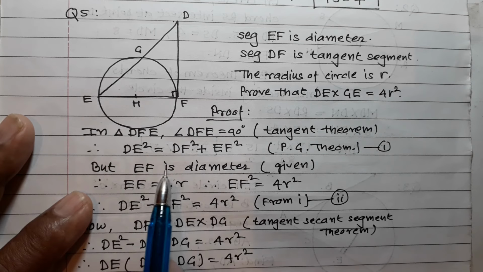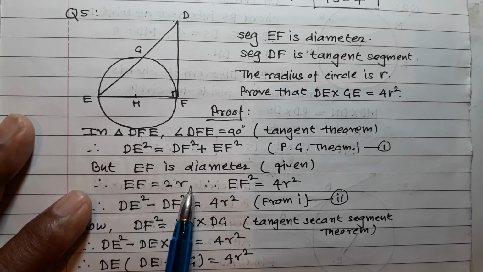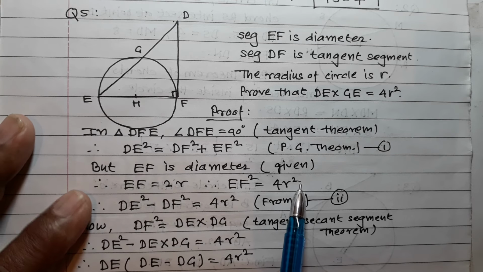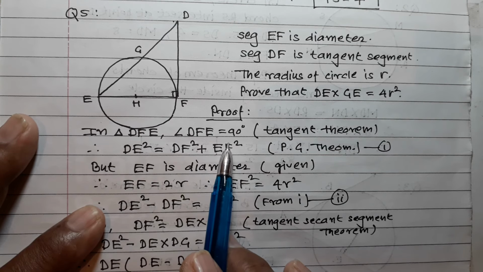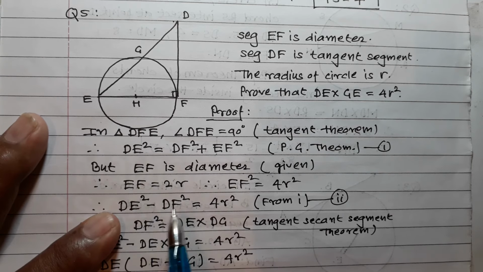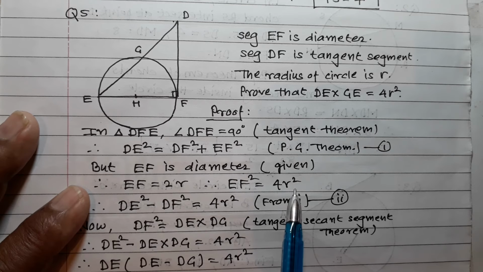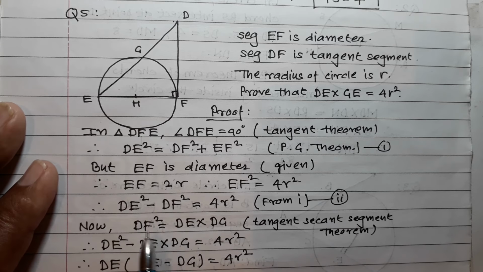But EF is diameter given, therefore EF is equal to 2R, and therefore EF square is equal to 4R square, and this value you substitute in equation number 1, and therefore DE square minus DF square is equal to 4R square. For this EF square you substitute this value from equation number 2, and then you find DF square.